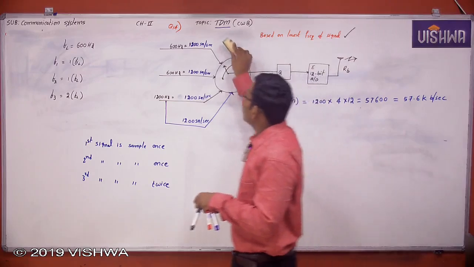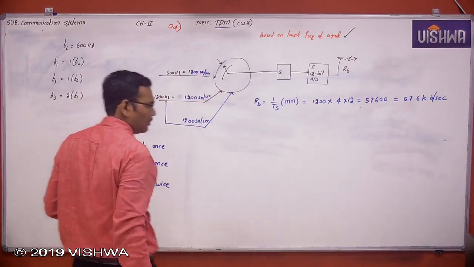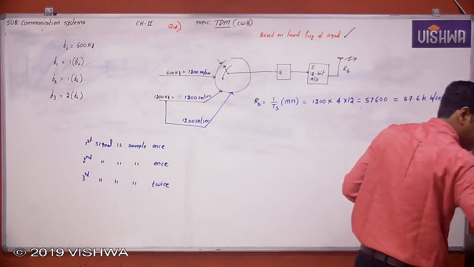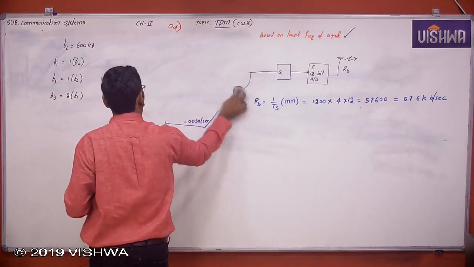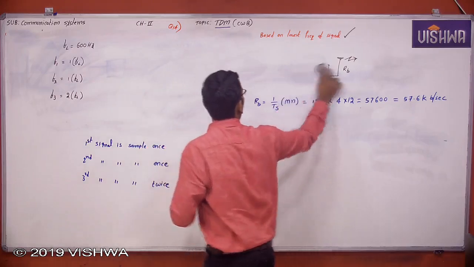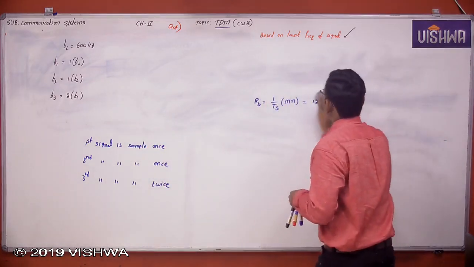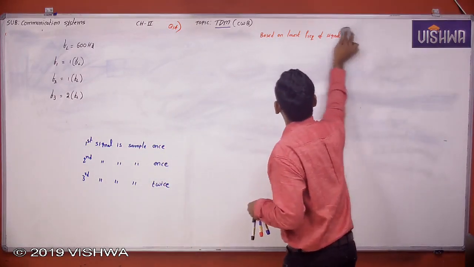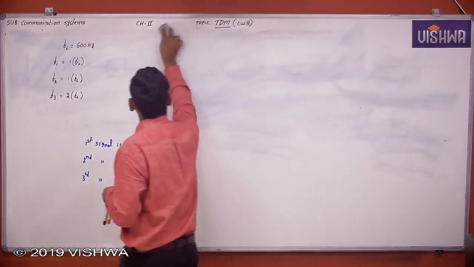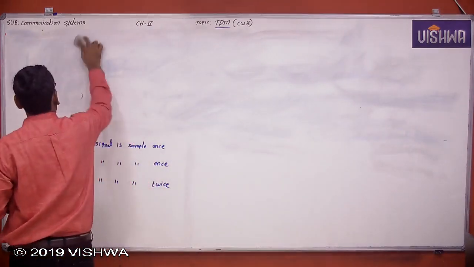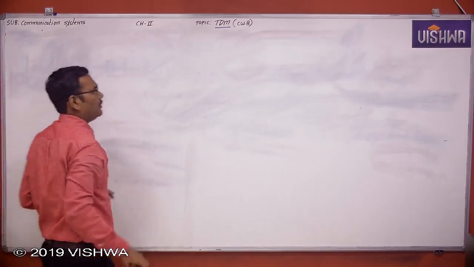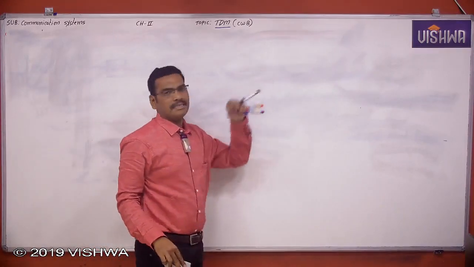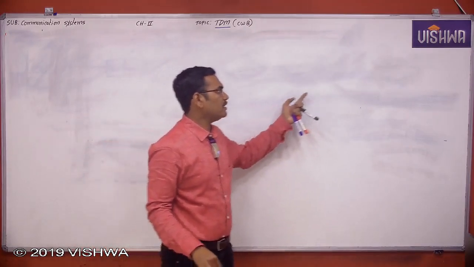Now this method is valid when all the signal frequencies are integer multiples of the lowest frequency. In these problems, if you observe, binary data is transmitted because of sampling, quantization and encoding.